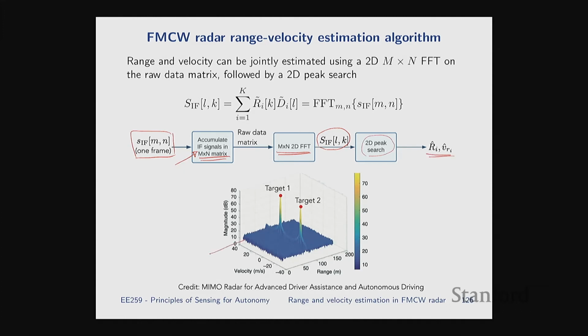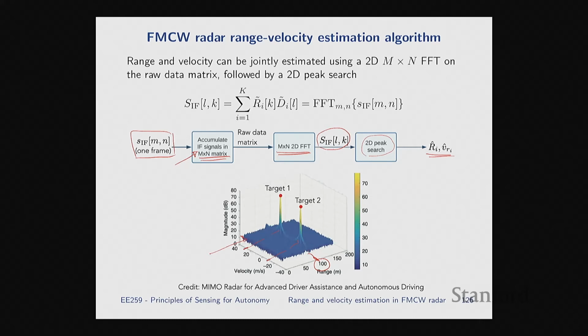Here's another visualization of the range velocity map. Instead of an image or heat map view, we're doing a full 3D surface. Same data, just visualized differently. This one shows two pretty significant peaks, which correspond to two targets. In this case, they were both at around 100 meters range, and one had a velocity of maybe minus 15 meters per second, the other maybe 30 meters per second or something like that.